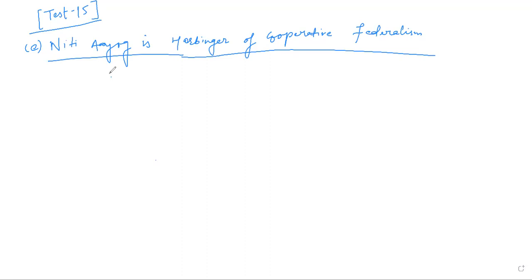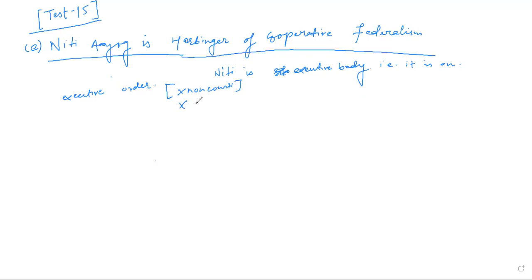First of all, you will tell us what Niti Aayog is. Niti Aayog is an executive body, that means it is the result of an executive order. You will not write here non-constitutional or non-statutory.